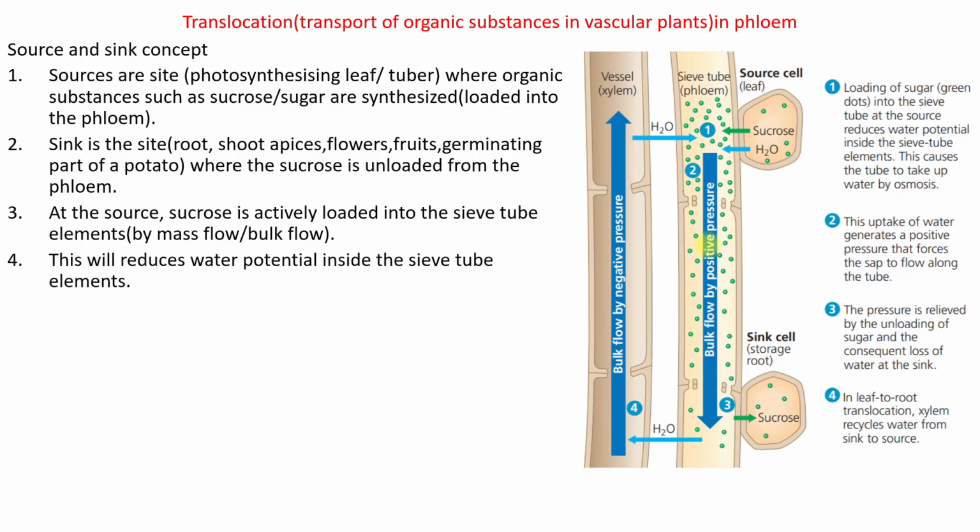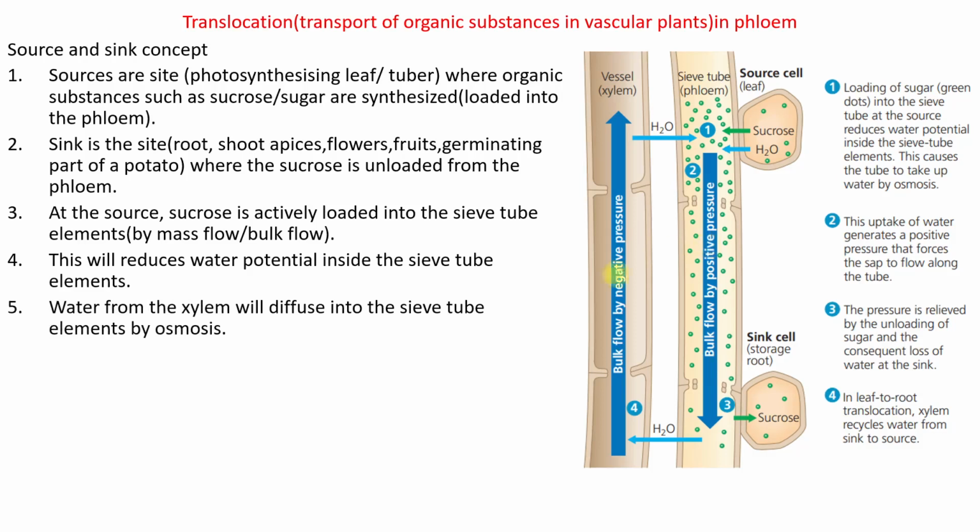Now, this will reduce the water potential inside the sieve tube elements, because you have an influx or loading of sucrose into the sieve tube elements. So the water potential inside the sieve tube elements reduces, right?